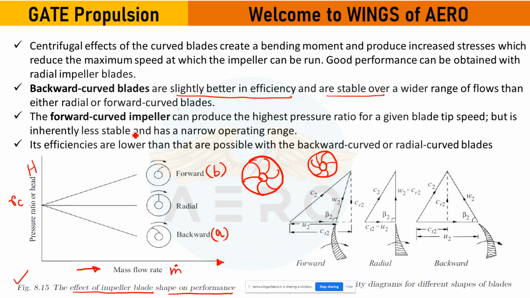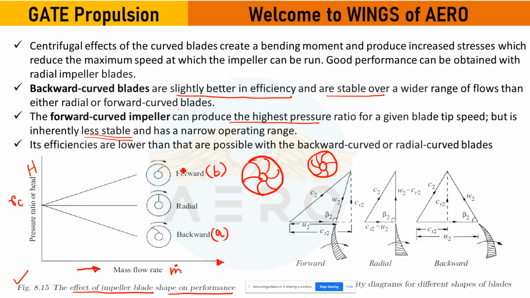The forward curved blade can produce the highest pressure ratio among all, but it is less stable. As it can produce a high pressure ratio, it cannot sustain a stable flow over the particular blade. Okay, this is another point. Its efficiencies are lower than those possible with a backward curved or radial blade.